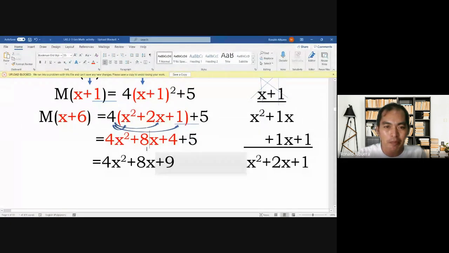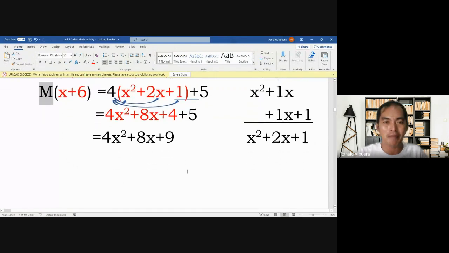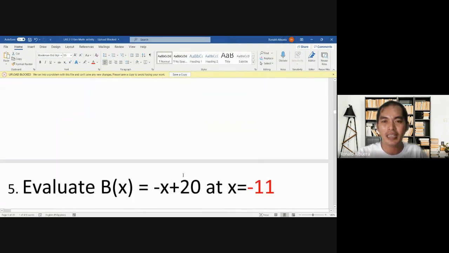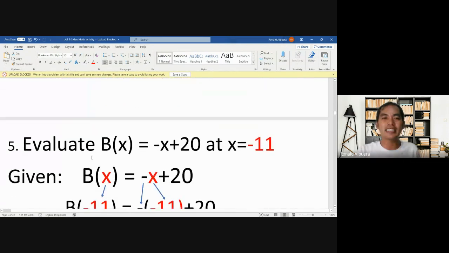We just copy positive 8x and positive 4x squared. Kasi dissimilar sila. Ito na po ang final answer when we evaluate the function m at x plus 1. So if you notice, hindi ko na siya sinulat. As long as just align the equality sign para hindi kayo magkamali. Malinaw po. Okay, another example.